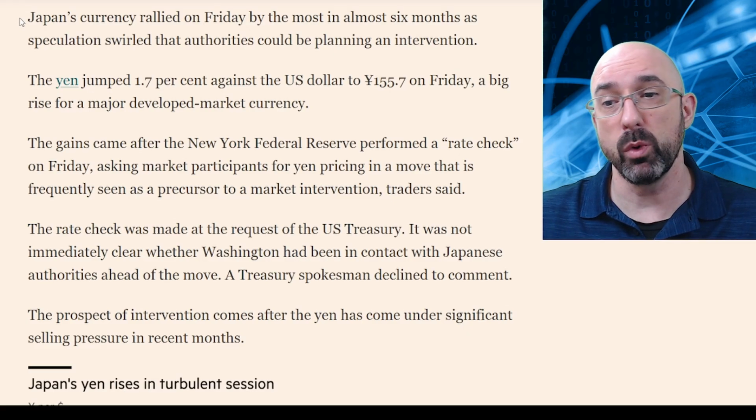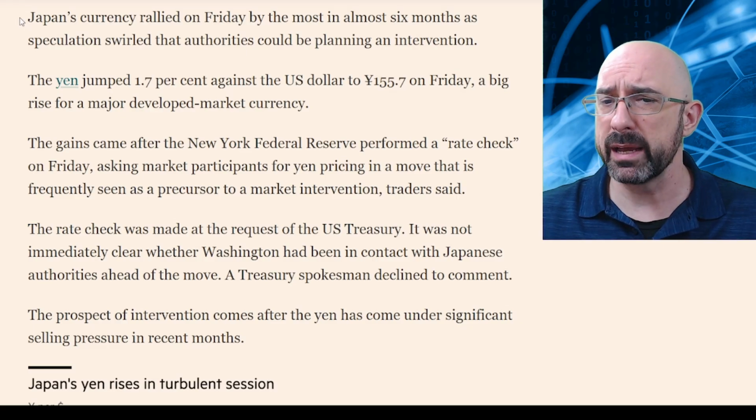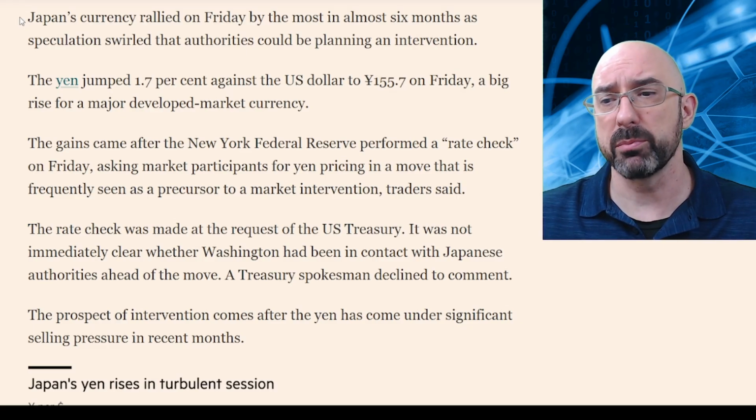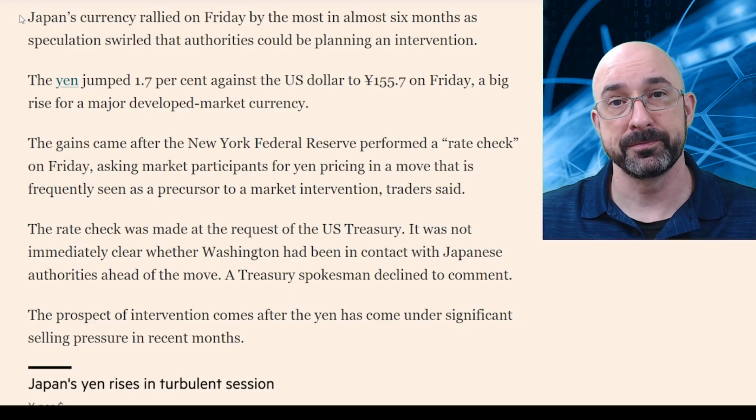The yen jumped 1.7% against the US dollar to 155.7 yen on Friday, a big rise for a major developed market currency. The gains came after the New York Federal Reserve performed a rate check on Friday, asking market participants for yen pricing, a move that is frequently seen as a precursor to a market intervention, traders said.